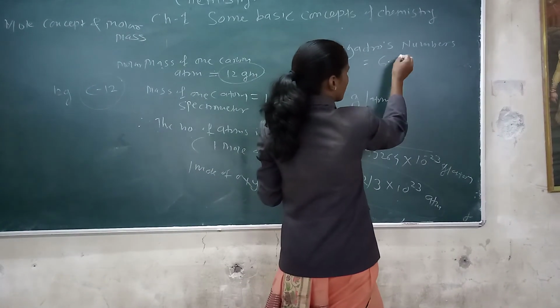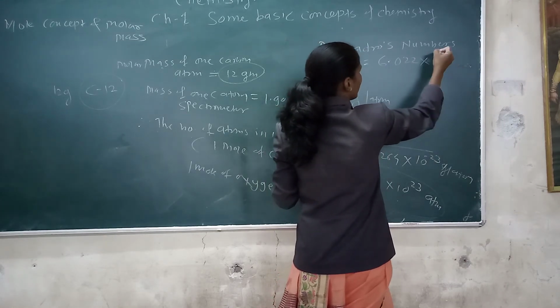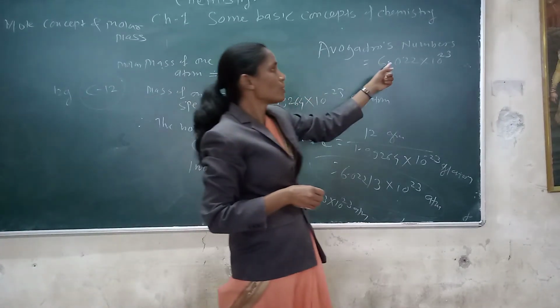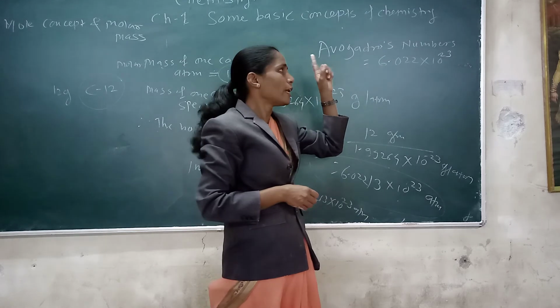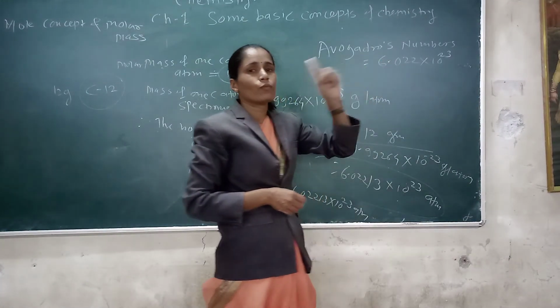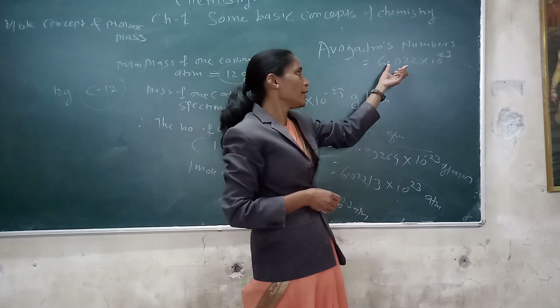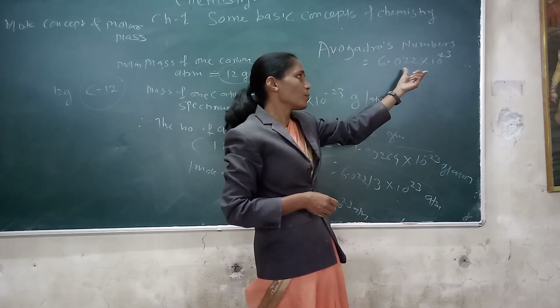Avogadro's number is 6.022 into 10 raised to 23 atoms. Every 1 mole of compound or element shows a fixed number of atoms. If 1 mole of oxygen contains this number of atoms.